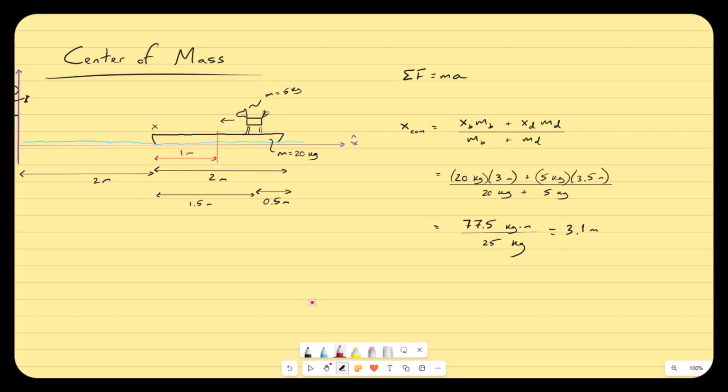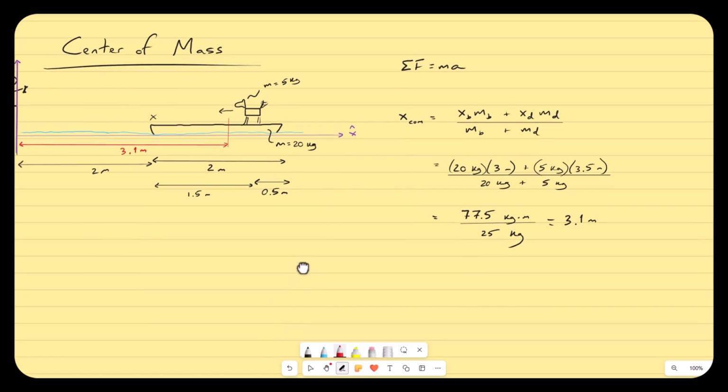So the center of mass of my whole system right now is at 3.1 meters. There's 2, there's 3, so like here. That is 3.1 meters.